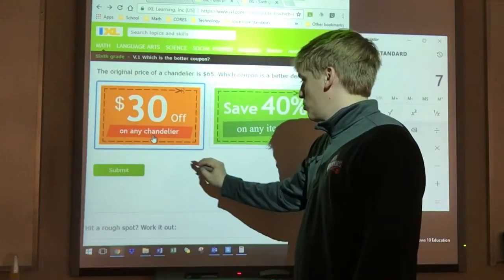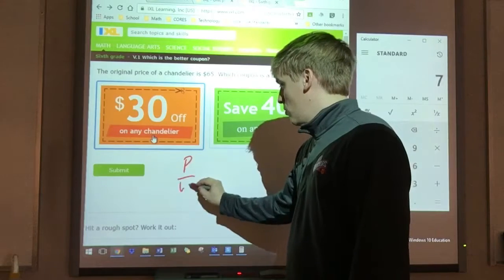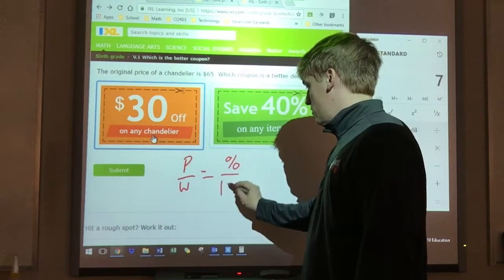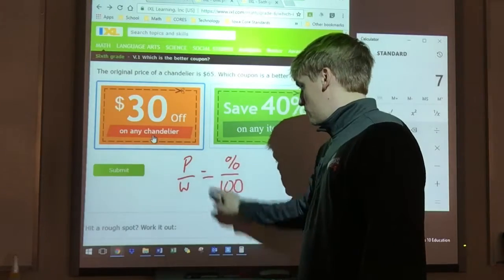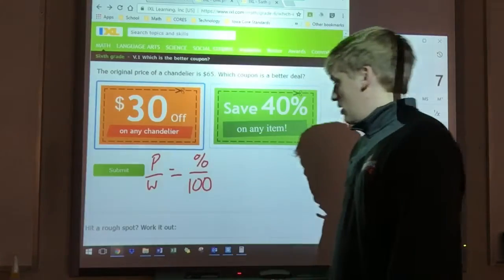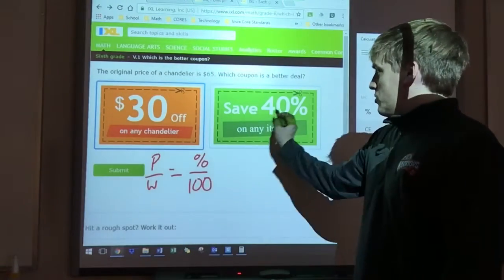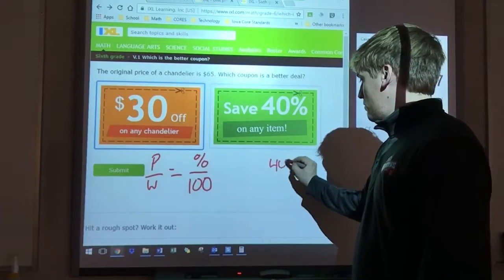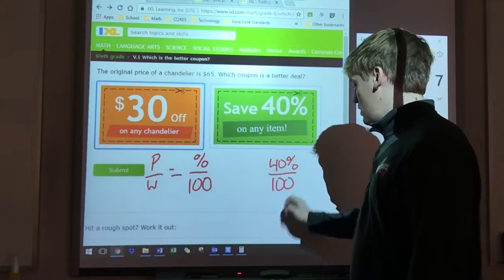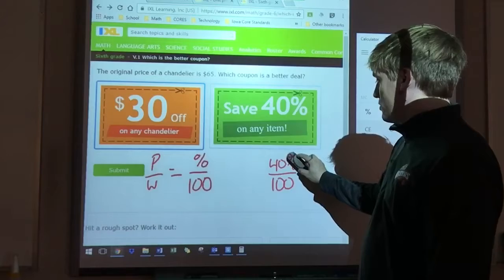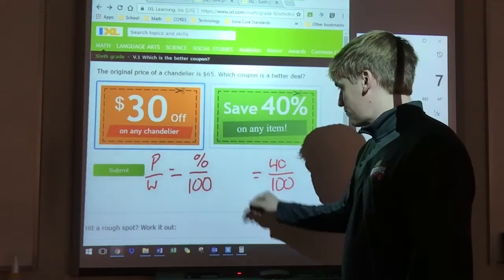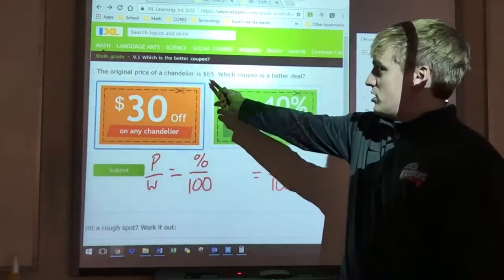So you take part over whole equals percent over 100. Okay, move that over a little bit. The percentage is 40 over 100, and you actually don't need to write the percentage sign, equals x over $65.